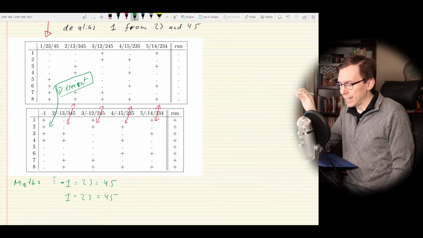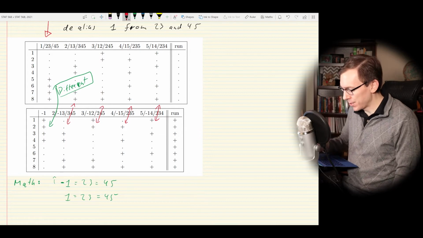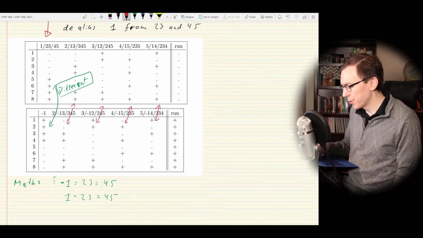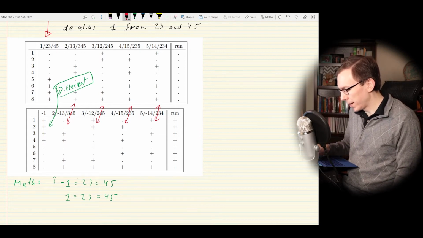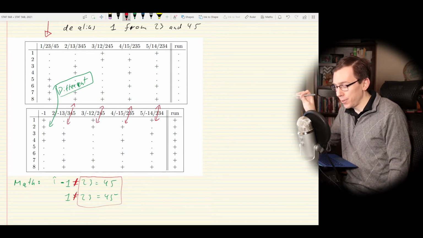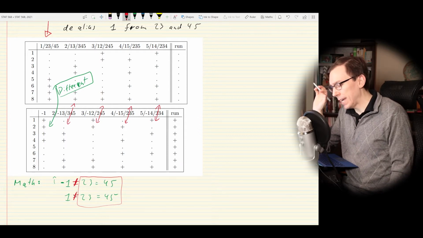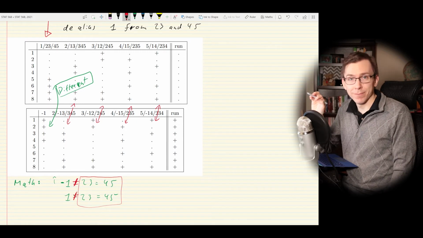As a result, we are going to de-alias column 1 from the interaction. By combining these two relations together, we're going to destroy this equality, but we are still going to maintain this equality here. We're still going to have that 2, 3 is aliased with 4, 5, but it is no longer going to be aliased with 1.